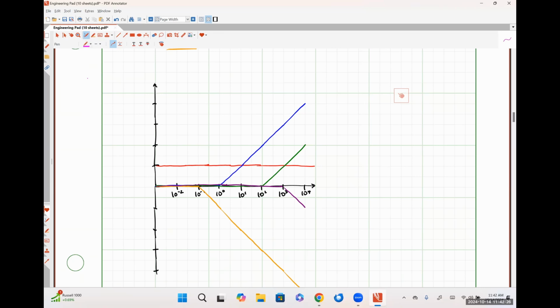So at 10 to the minus 2, I have 0 four times plus 20 dB. So there's my point for that guy. At 10 to the minus 1, I have 0 four times plus 20 dB.